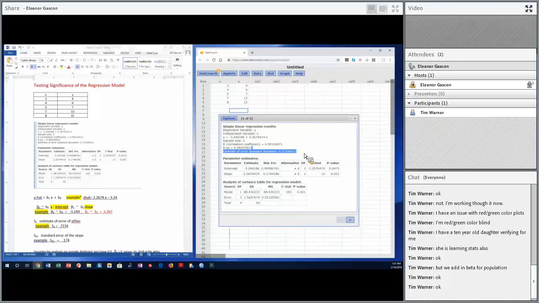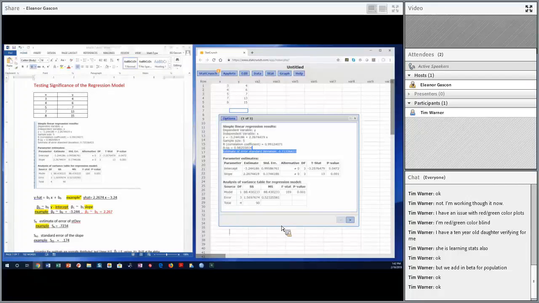I found that a lot of times, especially in chapter 14, people not only didn't totally understand the variables, but they didn't have a clue as to which one of these numbers it was. So that's why I'm calling this to your attention. It says in StatCrunch, the estimate error of the standard deviation, that's your S sub E.